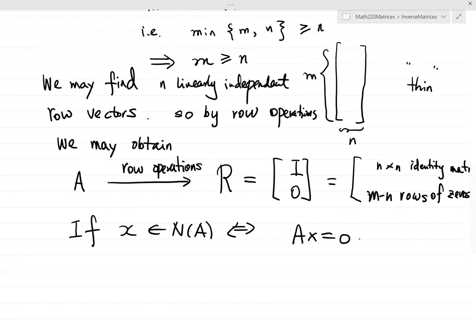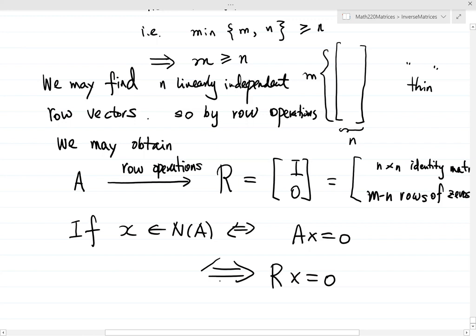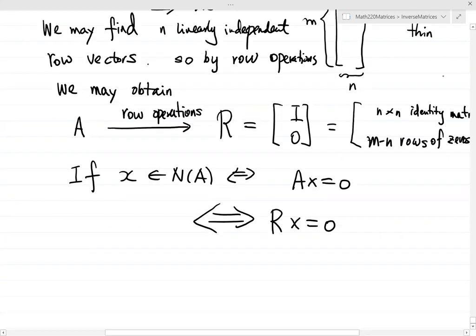So this means Rx is 0. We multiply by the row operation matrix, the elementary matrix, because they are invertible. So this is equivalent. Because if you have Ax being 0, you can do some operations and you get Rx being 0. From Rx being 0, you can get Ax being 0 by using invertible operations. So you get an equivalent statement.